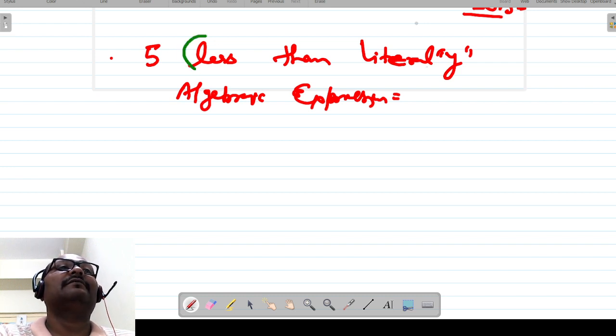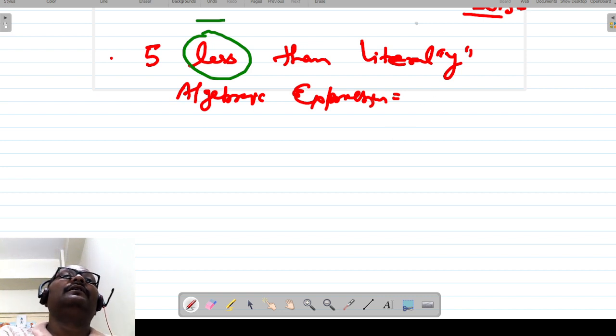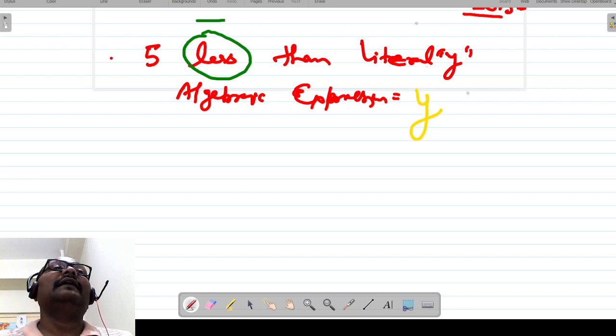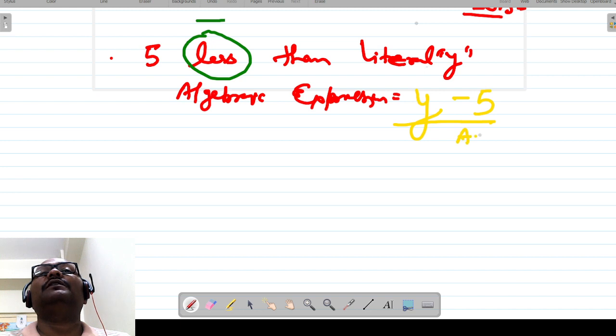What is less? Less is always minus. Okay, so we can write it. The literal y is there, so we'll just put y and then reduce it by 5. 5 less, so y minus 5 is your algebraic expression. I hope you got it.